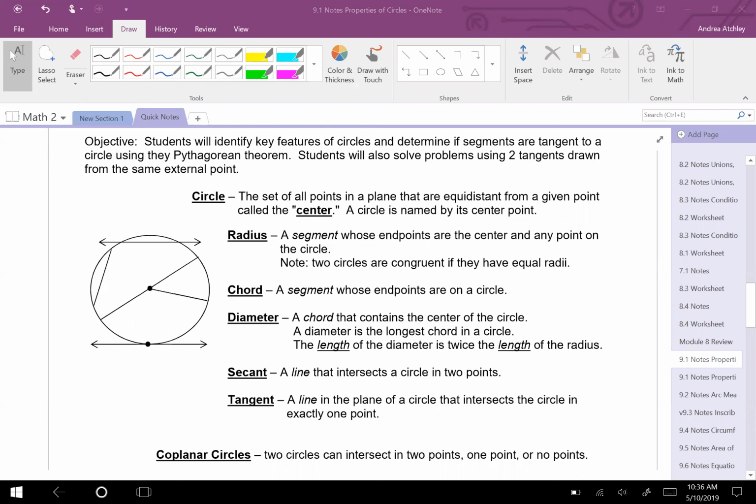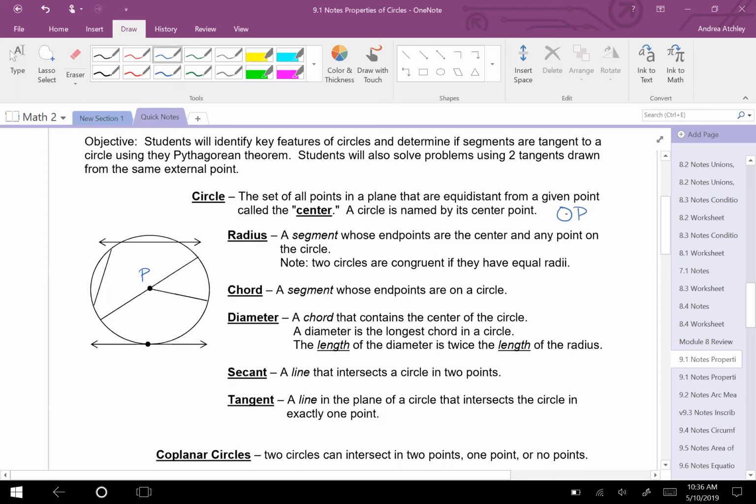A circle is the set of points in a plane that are equal distance from a given point called the center. A circle is named by the center. So if we put this as P, this would be known as circle P. That's how you notate it right here.